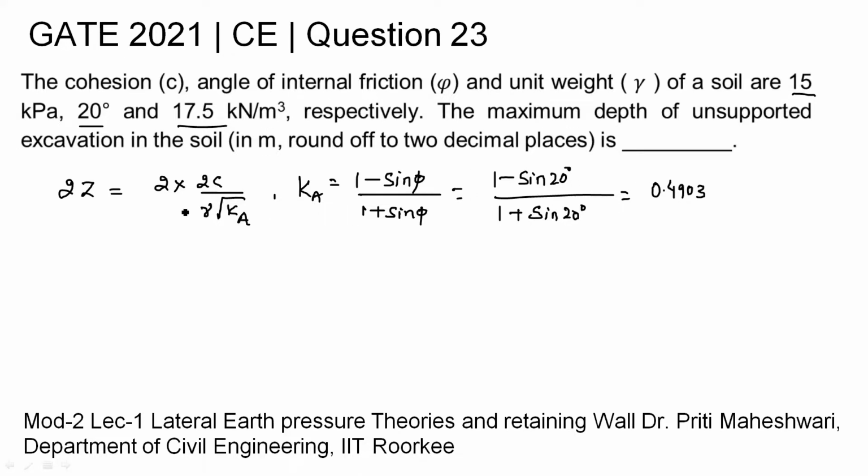Now put the value of K in this equation, and you will get the maximum depth of unsupported excavation, that is, 2 into 2c, where the value of c is 15, by gamma, which is 17.5, into root over K, that is, root over 0.4903.